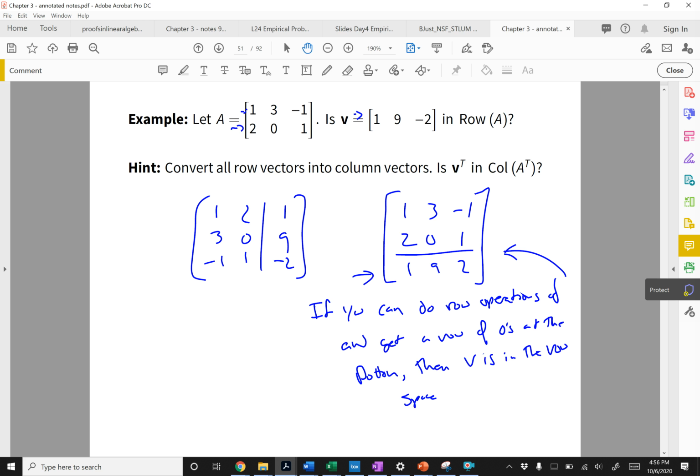That bottom row, that vector that we augmented it with here, is then in the row space. And the reason is, if you can make this bottom row 0 through row operations, that means you've taken these two row vectors and made a combination of them to equal a -1, a -9, and a -2, and add them together.